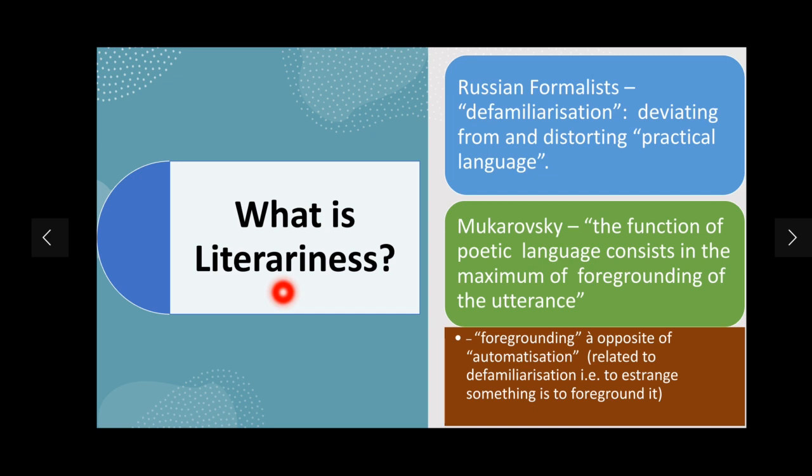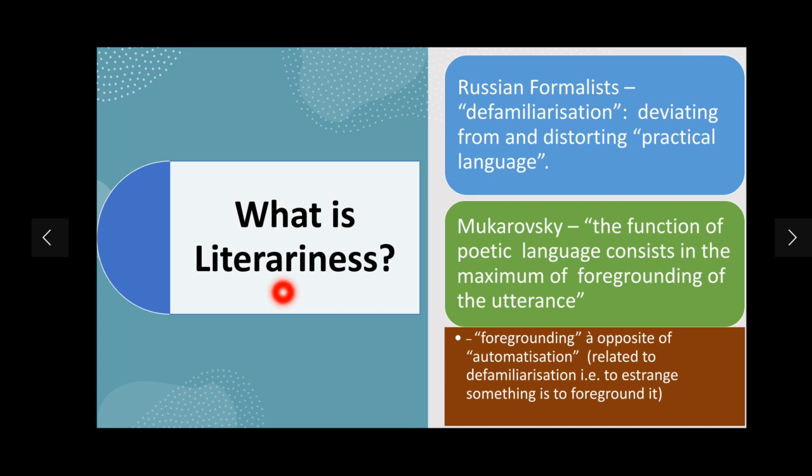For example, in English we have a standard to construct a sentence. What is standard? We use first subject, then verb, and then object. And a poet may use first object, then subject, and then verb.